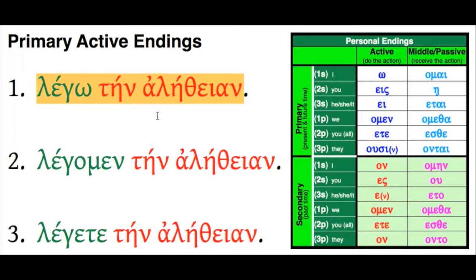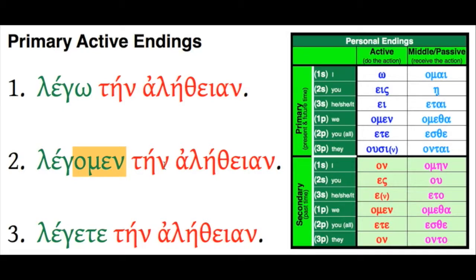Remember that the present tense can be either undefined, I speak the truth, or it can be continuous, I am speaking the truth. Okay, what about this next one, where we just change this ending, legomen ten aletheian. Legomen is first person plural, so we'll change our subject here from I to we.